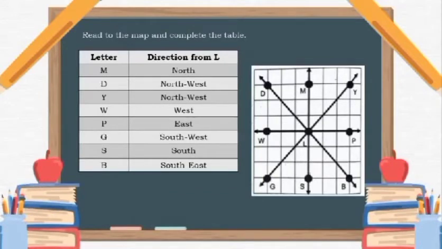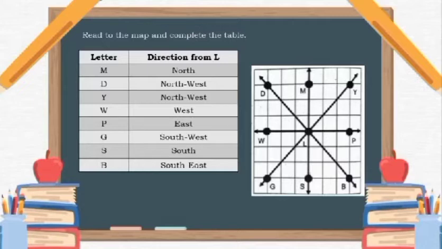So read the map and complete the table. There are 8 letters, and we are going to identify what is the direction from L. The direction of M from L is north, while D is northwest, and Y from L is in the northwest.